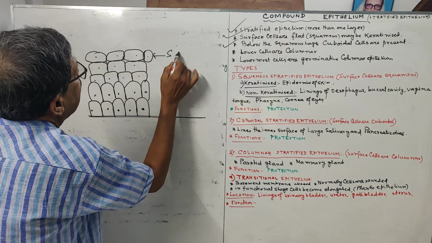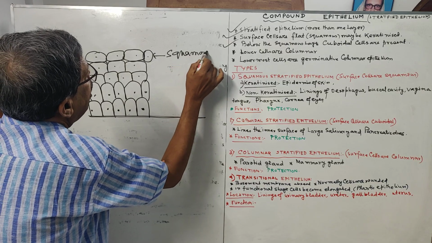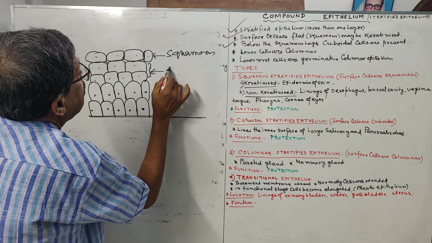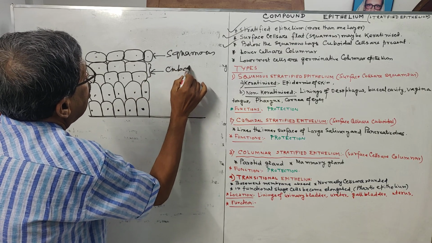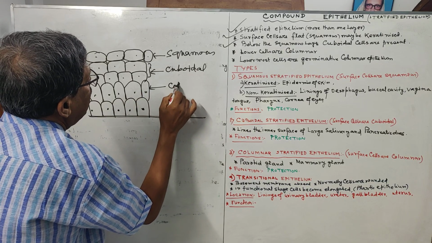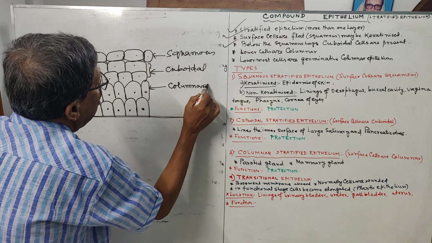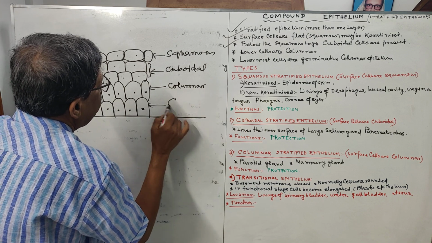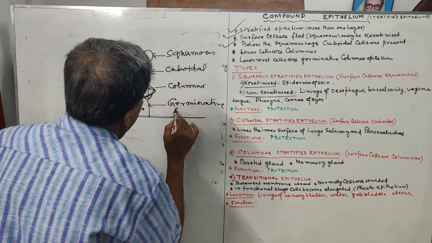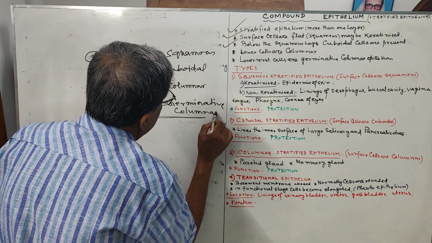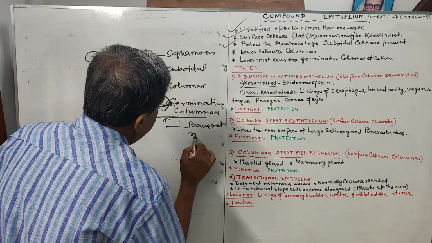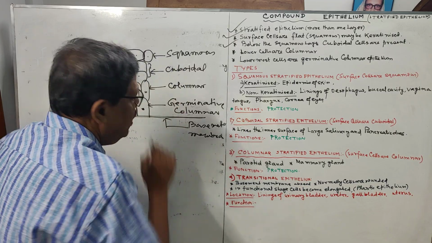This is squamous epithelium. These are cuboidal epithelium. Next, columnar epithelium. Next, germinative columnar epithelium. Next, basement membrane.